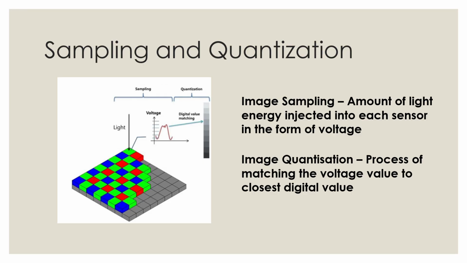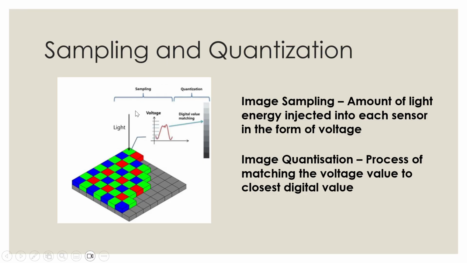On converting the real world image into digital, we require two important steps known as sampling and quantization. Image sampling is the amount of light energy injected into each sensor in the form of voltage. Image quantization is the process of matching the voltage value to the closest digital value.